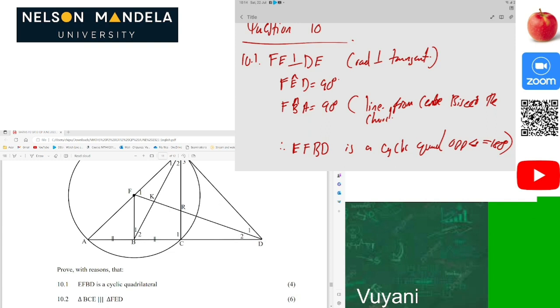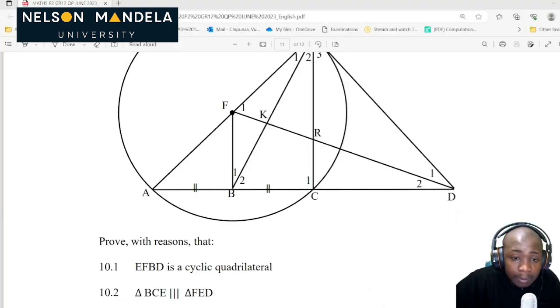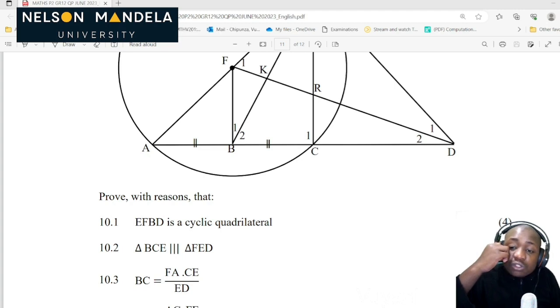Now let's proceed to 10.2. Now 10.2 is saying prove with reasons that triangle BCE is similar to triangle FED. So how do we do that?